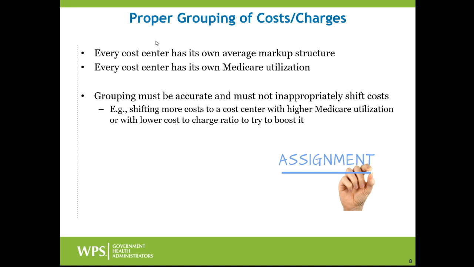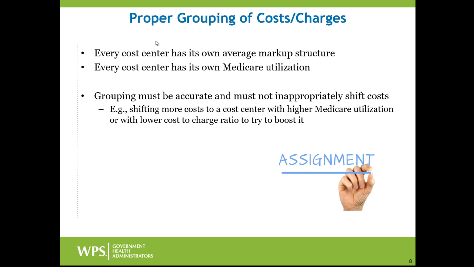Directly, for example, for a critical access hospital, indirectly if we're talking about a PPS reimbursed hospital. So the higher the Medicare utilization, generally the higher the reimbursement. That means you're billing more for that type of service than if you had a lower utilization cost center.